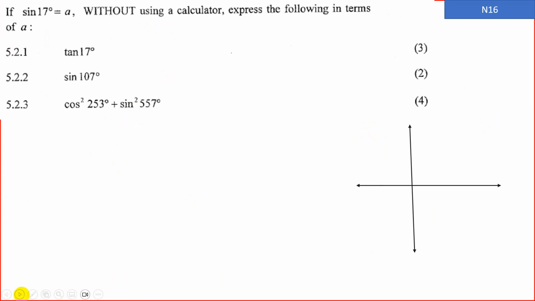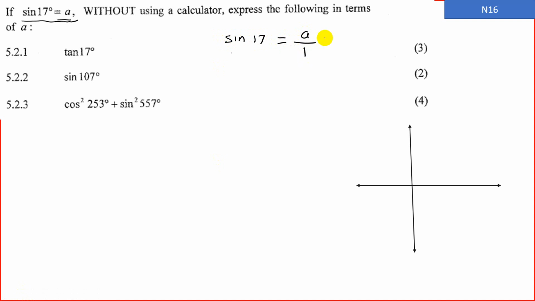Okay, our next question tells us that sine 17 is equal to a, and without using a calculator, express the following in terms of a. The first one is tan 17. If sine 17 is a, let's write it as a fraction, a over 1.